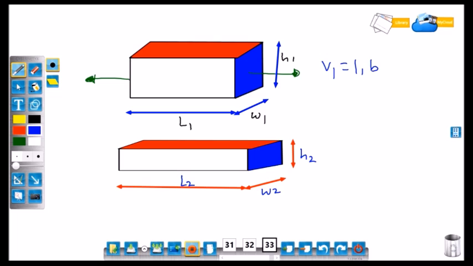V1, that is the volume of the body, is L1 W1 H1, and V2, that is the volume of the second body, is L2 W2 H2.